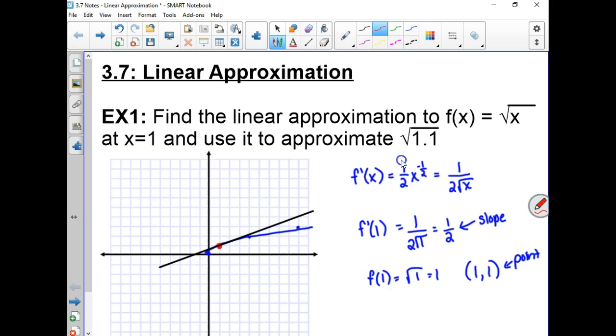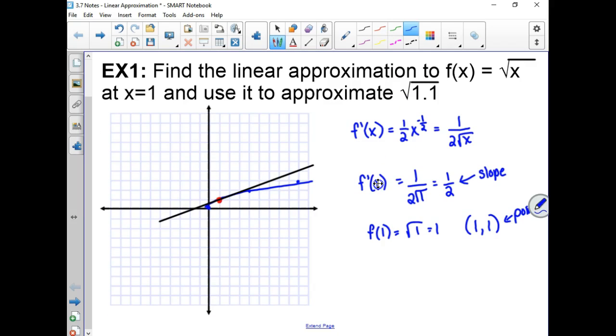I'm not using it at all. I'm just finding the tangent line at 1. So now I'm going to write the equation of my tangent line. That would be y minus 1 equals 1/2 times x minus 1. And this is my tangent line right here.